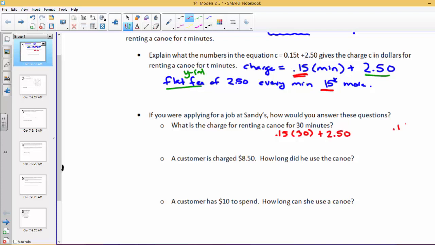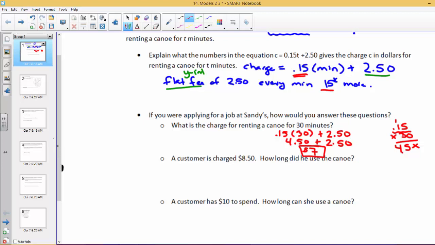So 0.15 times 30 is, you've got your placeholder for the 0. 3 times 5 is 15. 3 times 1 is 3, plus 1 is 4. There are 2 decimals in the problem, so there's 2 decimals in the answer. So this is $4.50 plus $2.50. 450 plus 250 is $7. You're so going to get this job.